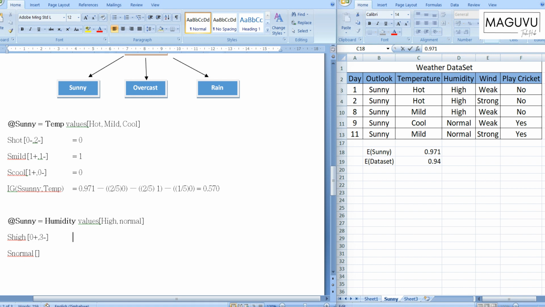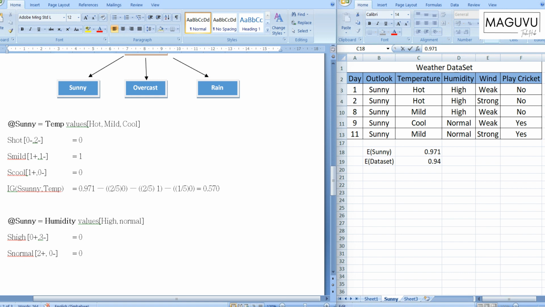And wherever we have got a 0, we already know the entropy also becomes 0. And now let's consider normal. We've got 2 days of normal, and all outcomes were yes, so we have got 2 positive and 0 negative, and again the entropy automatically becomes 0.